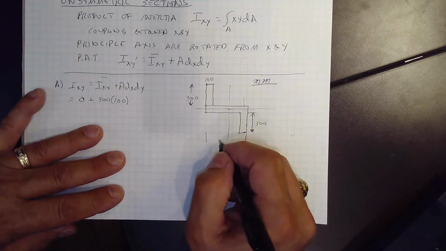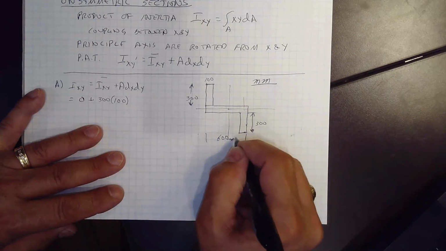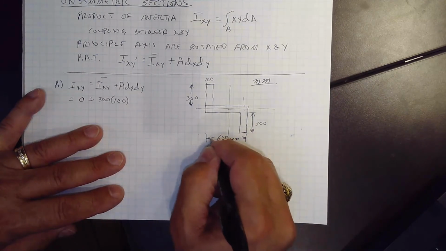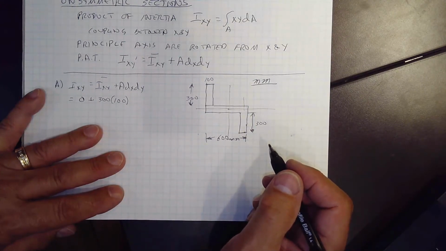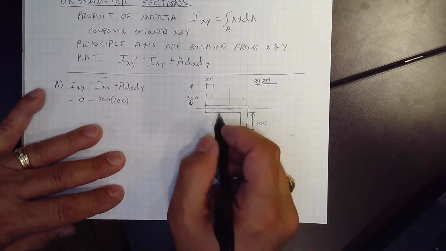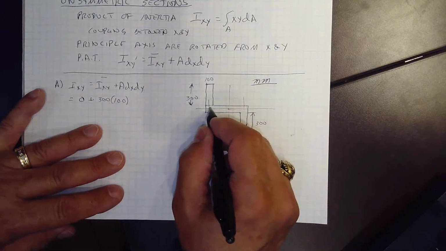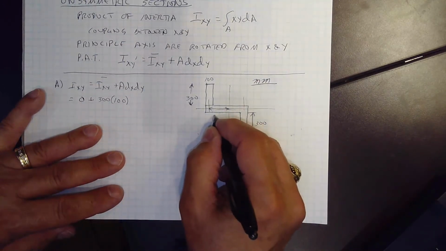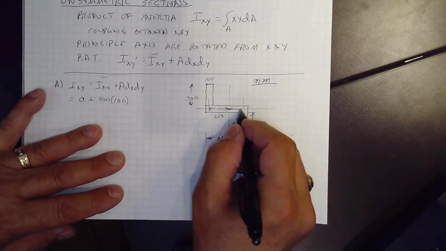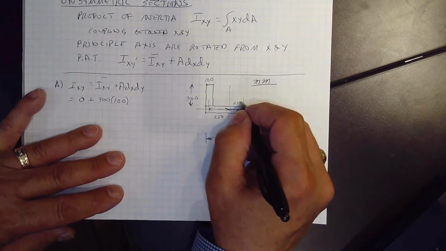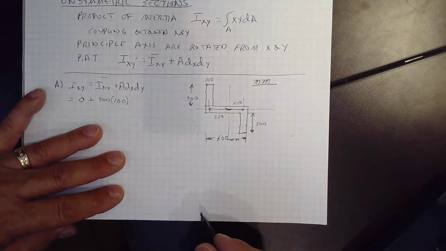This is 600. And then this distance to here, this is going to be 250. And similarly, over here is 250. All right.